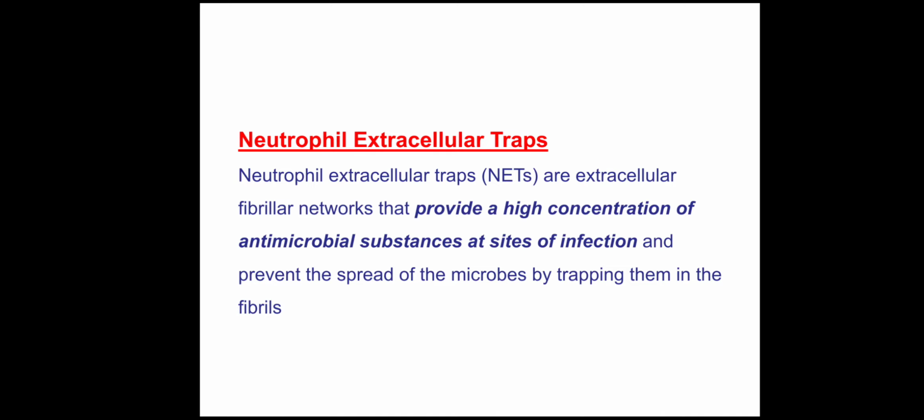These traps are formed by the nuclear chromatin material, and they contain the contents of the lysosomes. They will provide a high concentration of antimicrobial substances at those sites where the microbes are present, and also they will trap the microbes in those fibrils and cause the effective killing of the microbe.